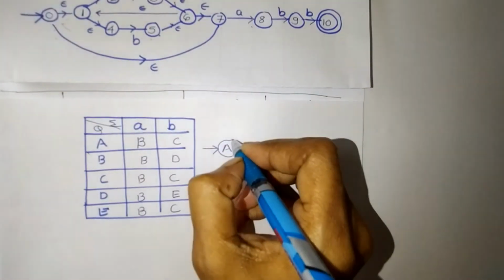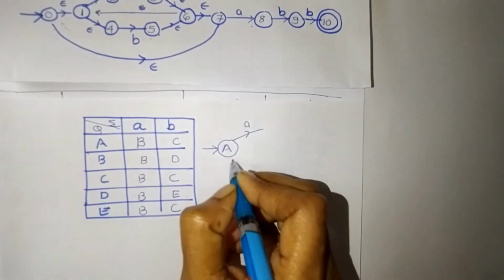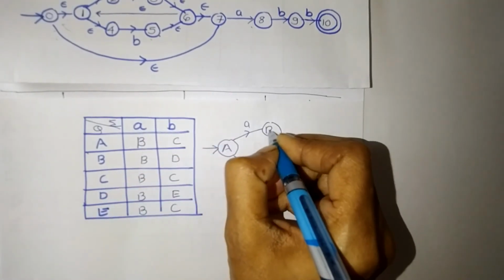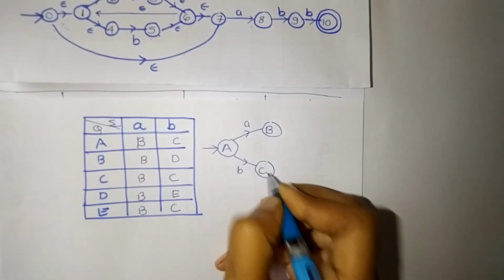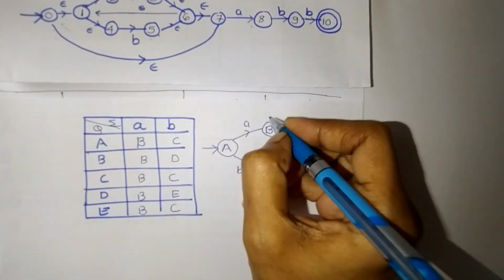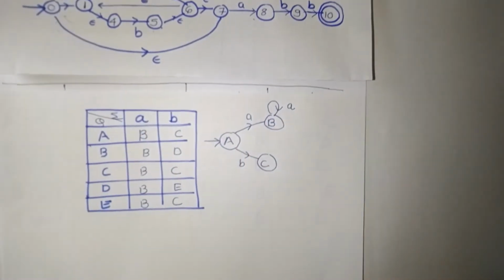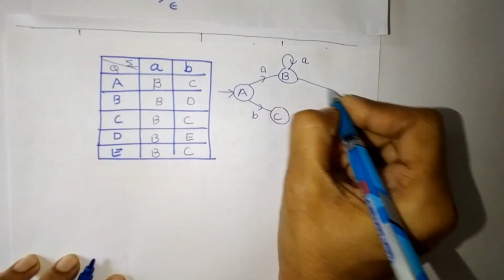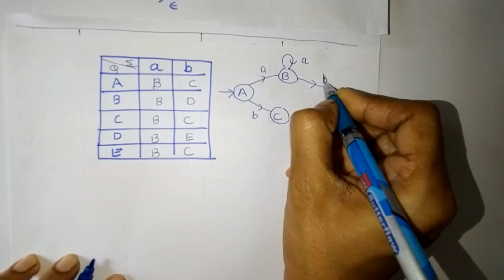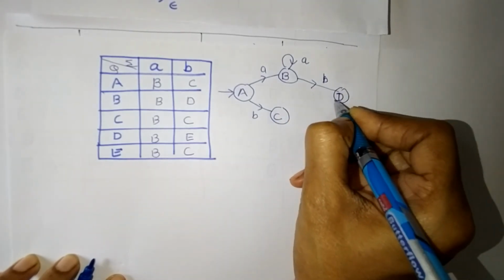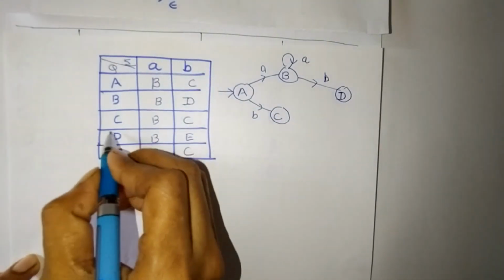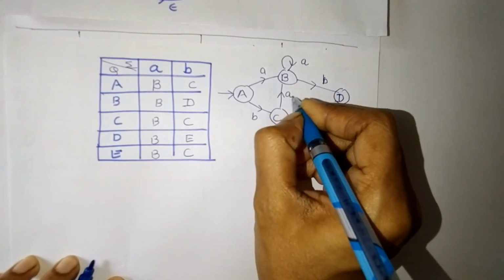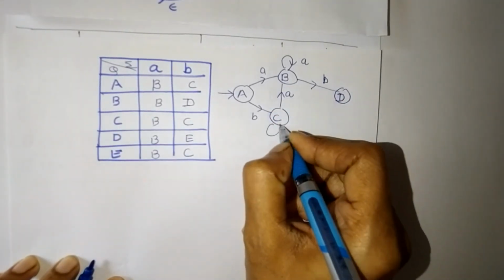From A, the transition on A goes to state B, and on B to C. From B, the transition on A remains in B. For B, the transition on B is going to D. From C, the transition on A is going to B. From C, the transition on B remains in C.